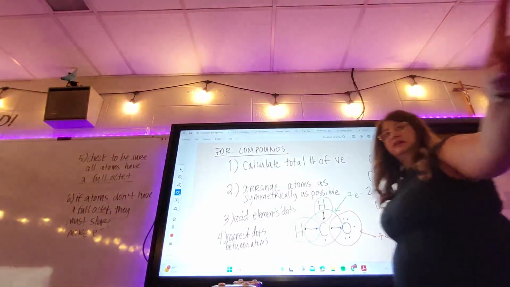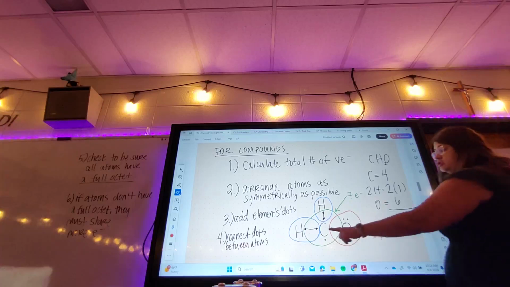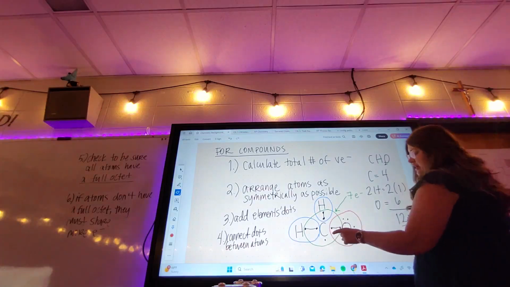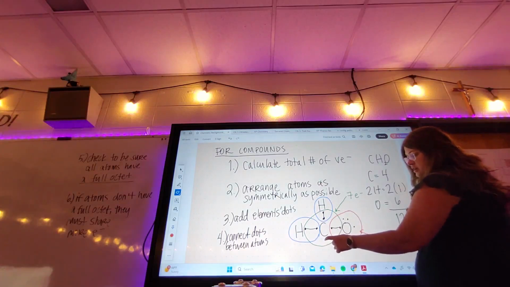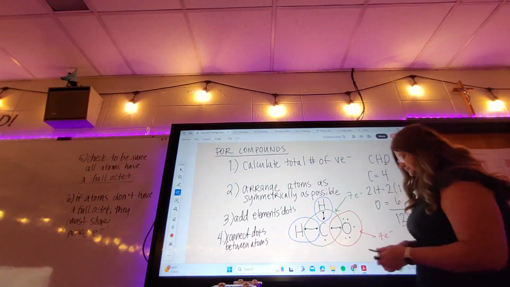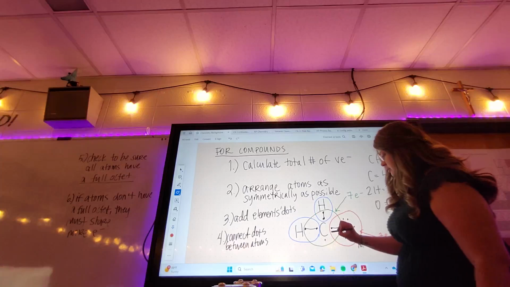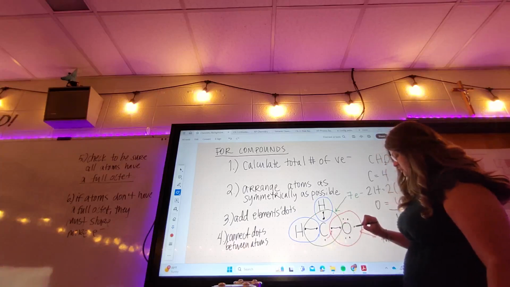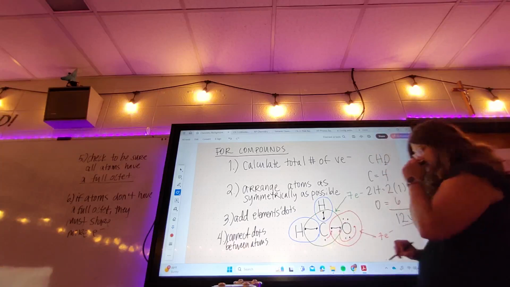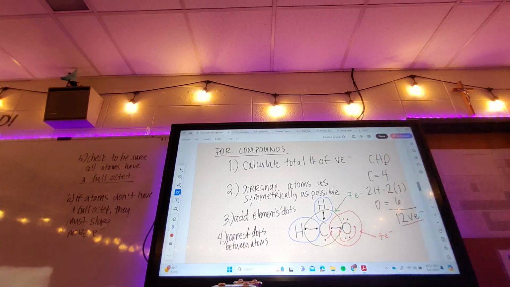So conveniently, I have right next to each other two atoms that don't have full octets. So what I want to do is let this electron here, this dot, come up over here. And I'm going to take this dot here from my oxygen and move it over here, so that then they can be in those circles being shared even more.